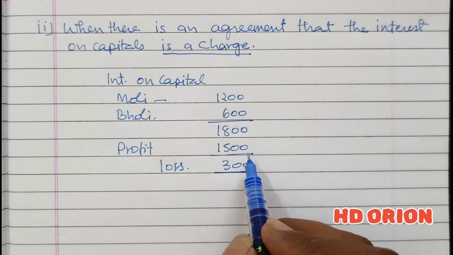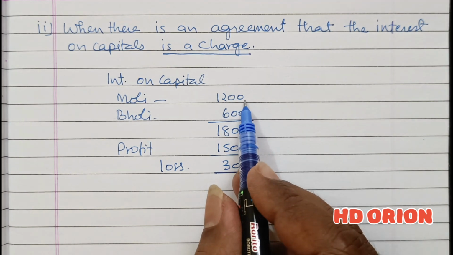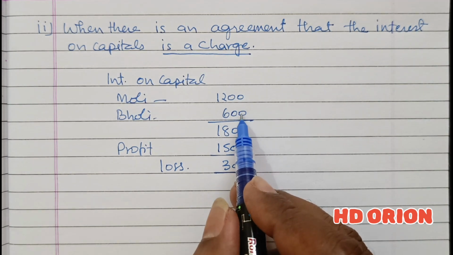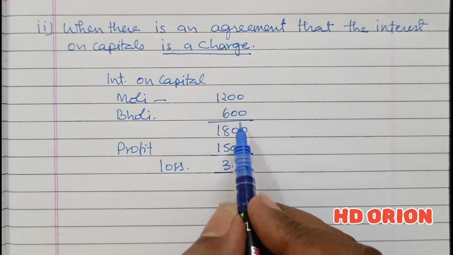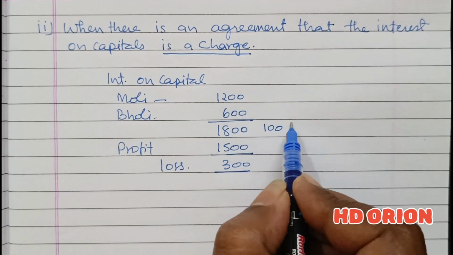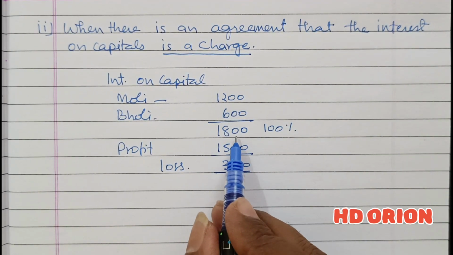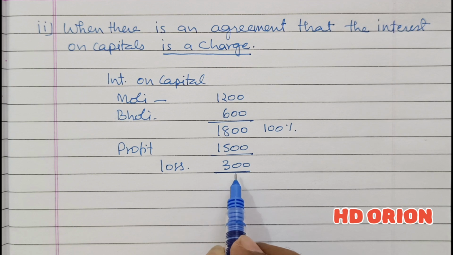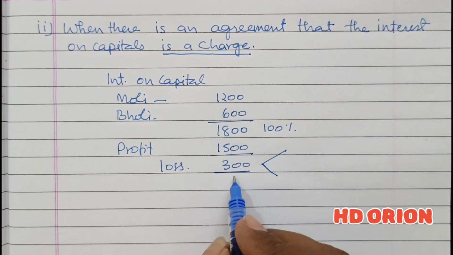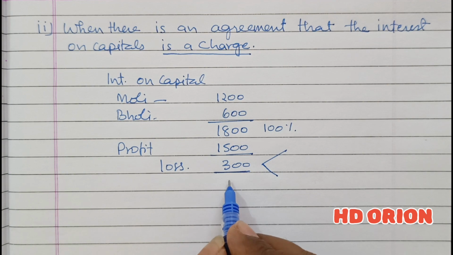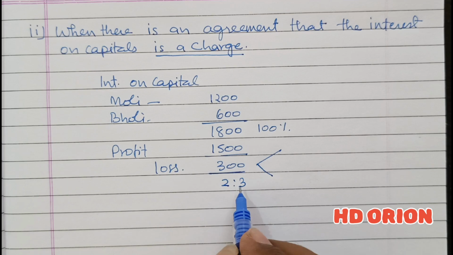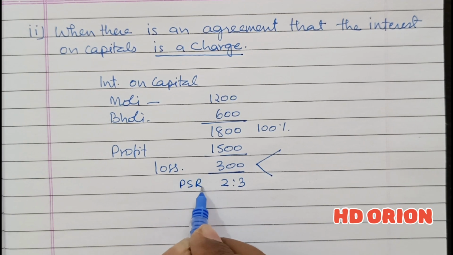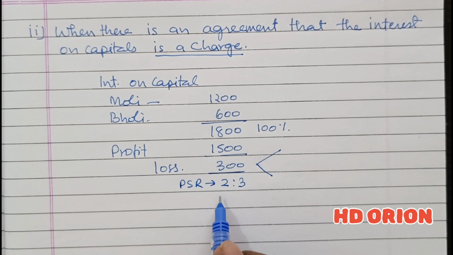Fine. After giving 1200 and 600 as interest on capital to the partners compulsorily, because it is a charge, so you have to give 100% interest on capital to the partners, because of which there is a loss. So this loss will now be distributed to the partners in their profit sharing ratio, and the ratio is 2:3. Fine. Now please understand that this is not the interest on capital ratio.